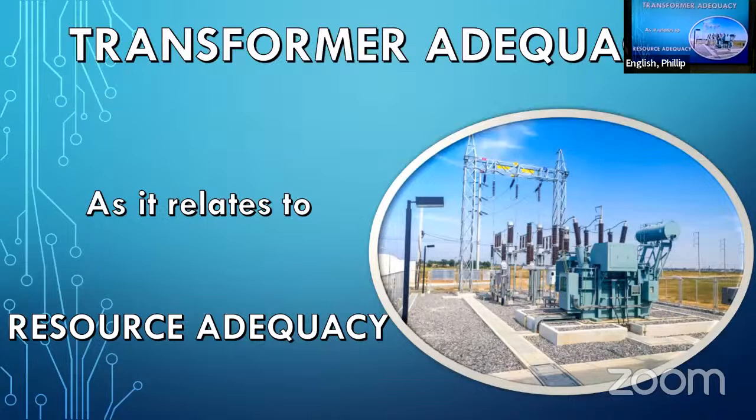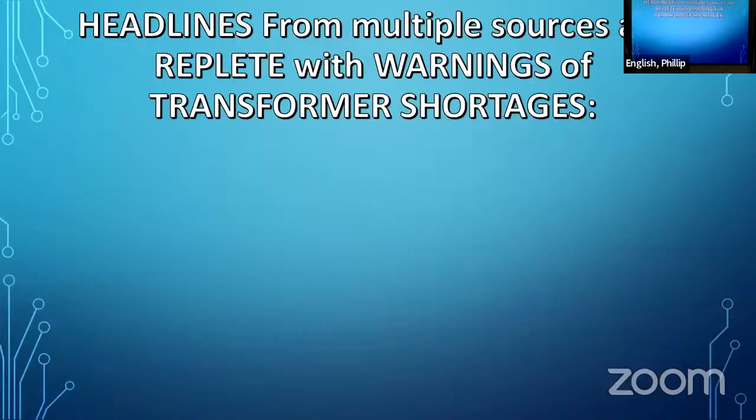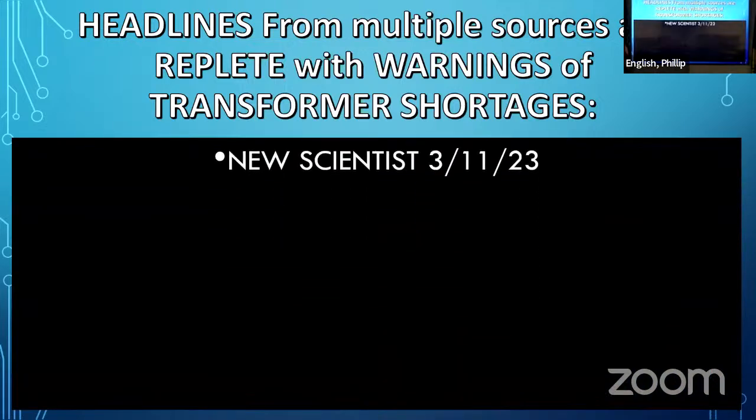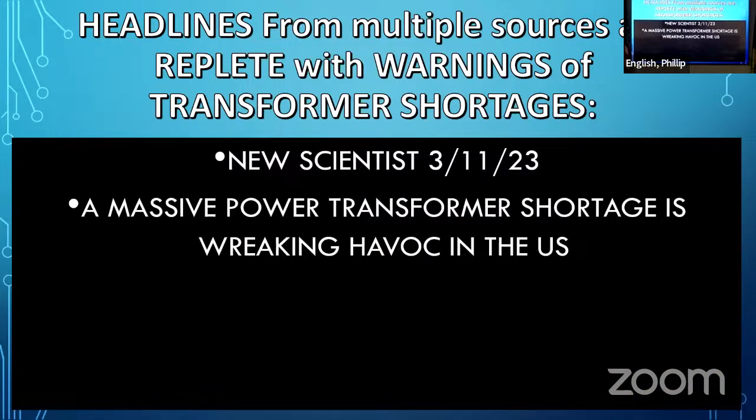So now back to the topic of transformer adequacy as it relates to resource adequacy. Headlines from multiple sources are replete with warnings of transformer shortages. Here's a fairly recent one from New Scientist, March 11, 2023. A massive power transformer shortage is wreaking havoc in the United States. That was the headline.